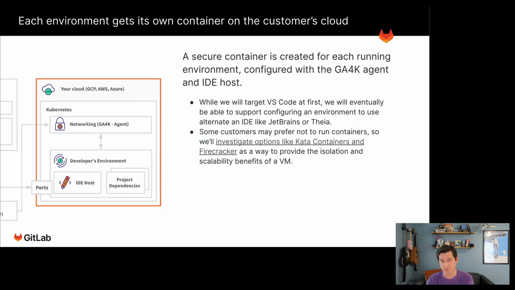At first, we'll limit it to VS Code, but eventually we'll be able to do things like offer JetBrains or Theia or maybe even alternative editors. And then we also realize that some customers, I've said containers a few times, may prefer not to run containers themselves. So we're investigating options for Kata containers or using Firecracker to give the isolation and scalability benefits of a VM within the Kubernetes cloud.